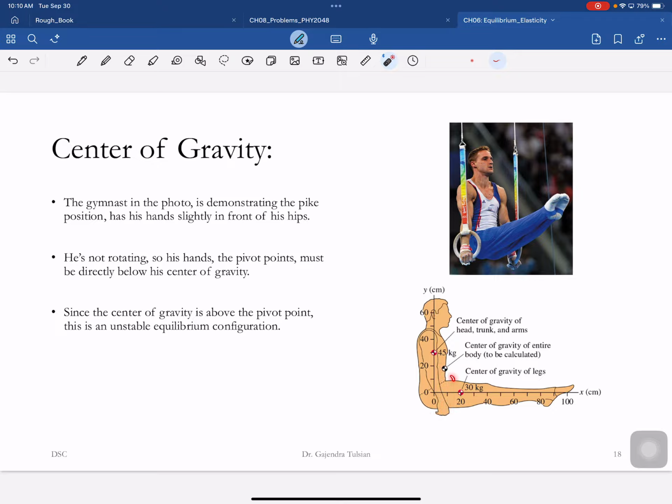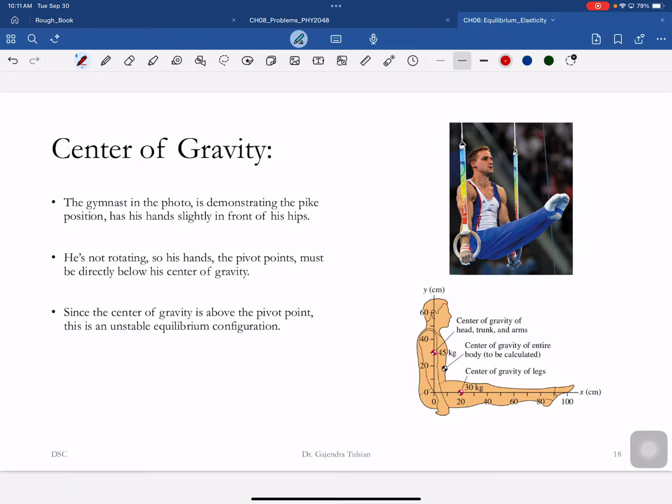Is this a stable equilibrium or an unstable equilibrium? When the center of gravity is above your footprint, this is an unstable equilibrium. If it's below the footprint, if you were hanging on with your arms up above you, then that would be a stable equilibrium. So this is an unstable equilibrium.